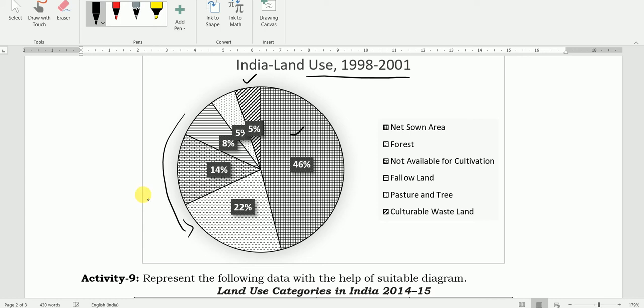And don't forget to write the land use data within the sector. Remember, most of the time students used to write angles here instead of writing the land use data. Do not write the angles.